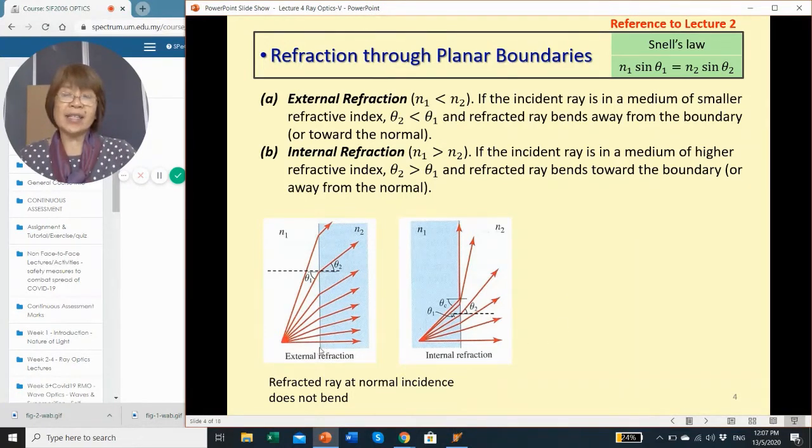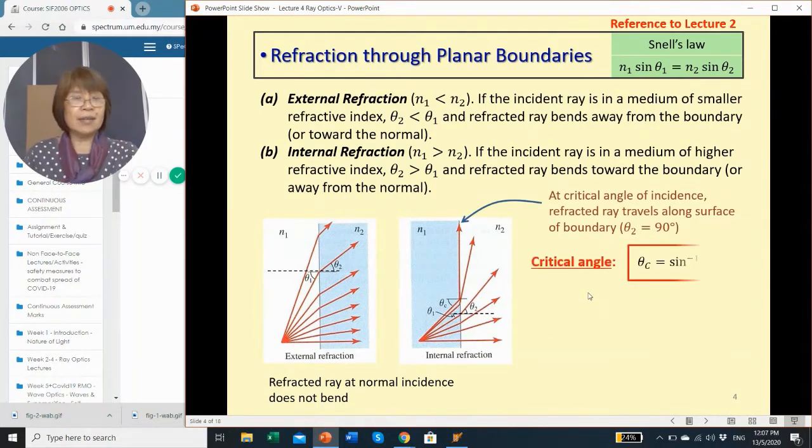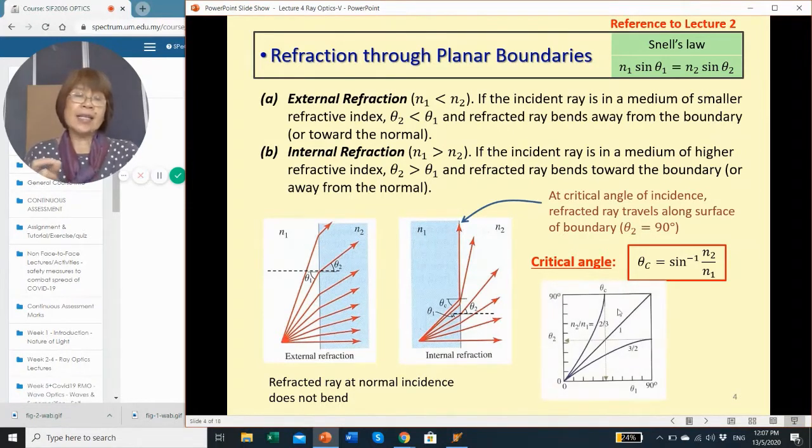Now, any ray that enters at normal will not bend. It just goes straight through. So this is the critical angle. Now, it is defined by arcsine of the ratio of N2 over N1. And this is a diagram that will show you that this is θ1, that's the incidence angle. This is the refracted angle.